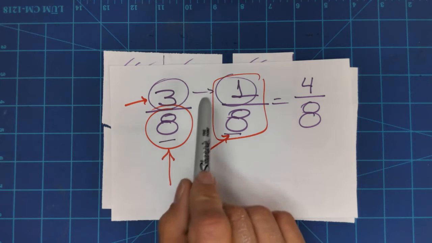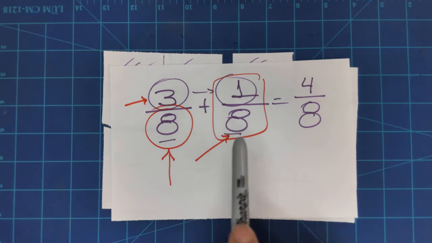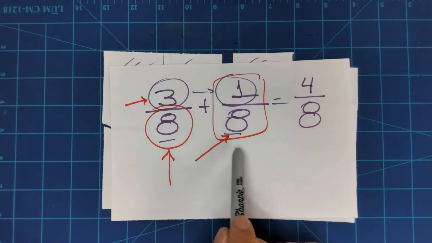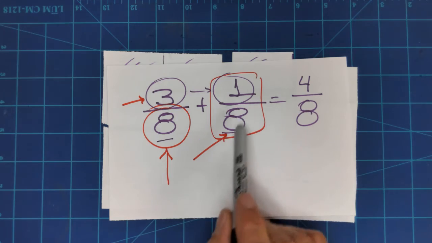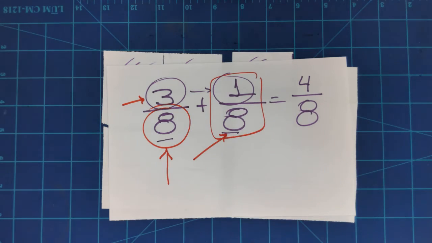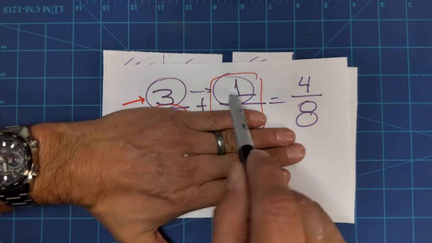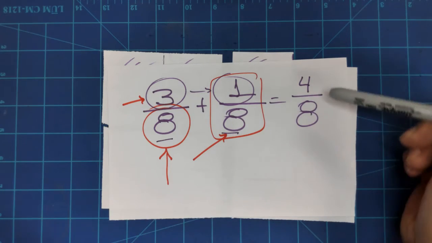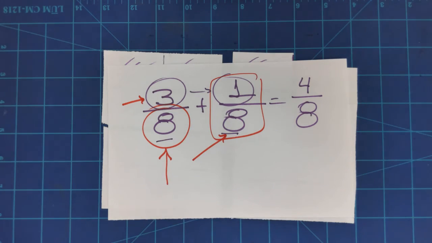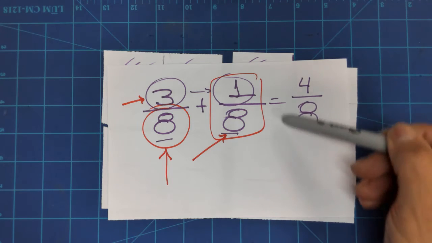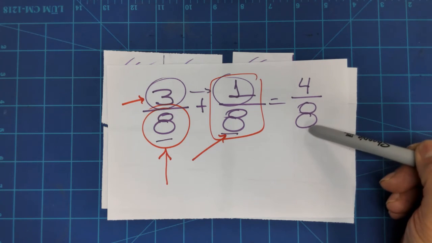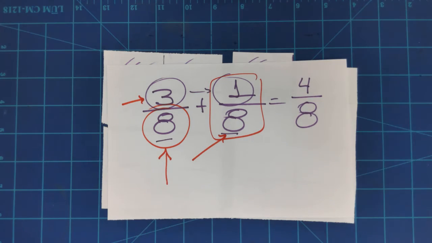Then I'm going to add something that is the exact same size, quantity, or description. And I'm going to cut it into 8 equal pieces, and I'm only concerned about 1. And then I'm just going to add the pieces that I have. So I should have 4 pieces that are the exact same thing, or whatever quantity, thing, or whatever it is that I cut into 8 equal pieces. I'm going to have 4 of those now.